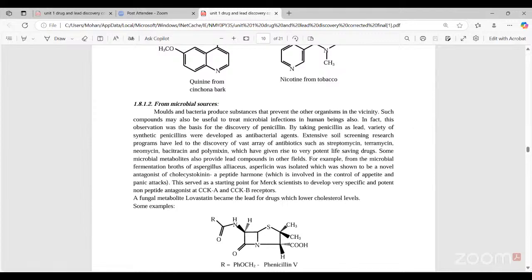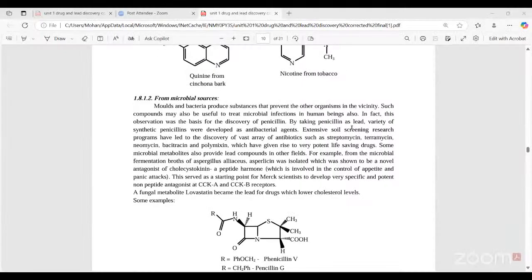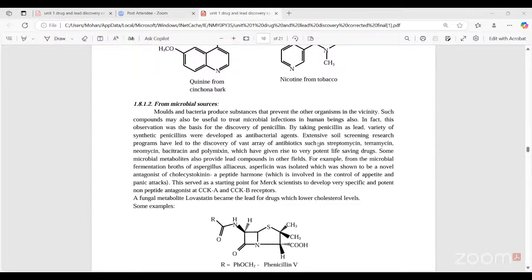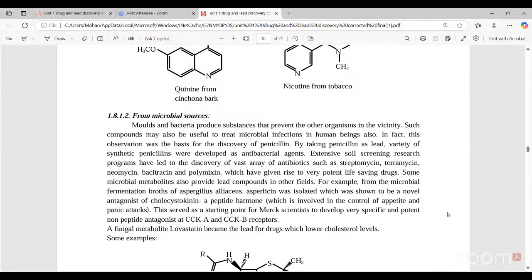Extensive research programs have discovered a vast array of antibiotics, which are very potent life-saving drugs.